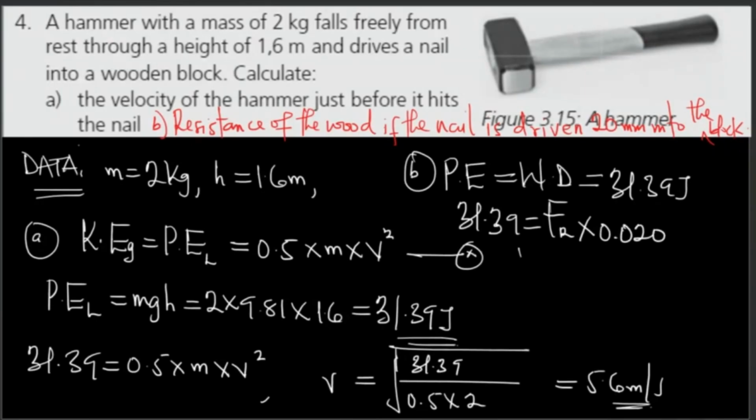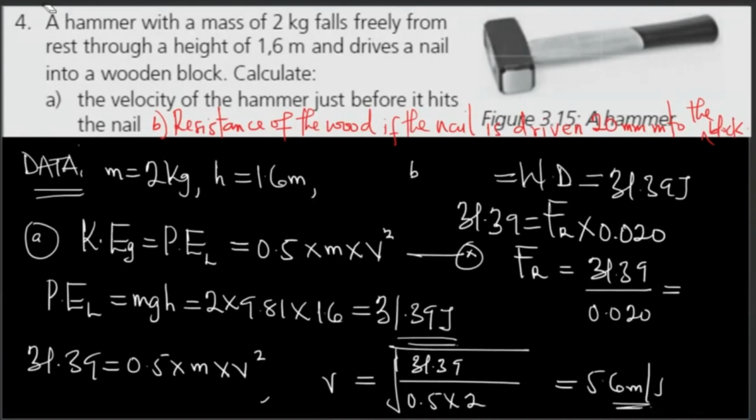0.020. The resistance force will be equal to 31.39 divided by 0.020. We can associate energy to work done, or we can say kinetic energy, because there is a movement there. We can associate gain in kinetic energy to work done, which is the same thing as what we calculated here, because we already established that gain in kinetic energy is equal to loss in potential energy.